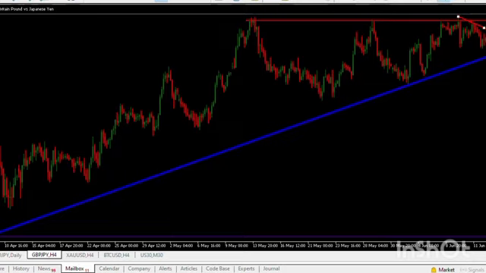Now you are saying, as small as this trend line that has been broken on 4 hours, this trend line is valid because we have one touch here, we have another touch here, and eventually it was broken.